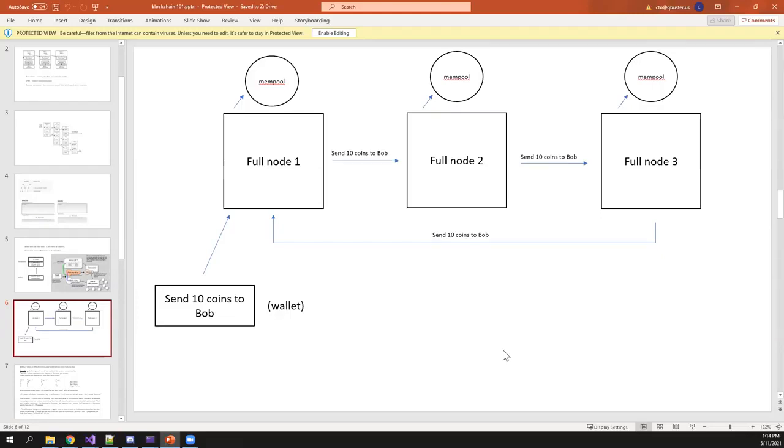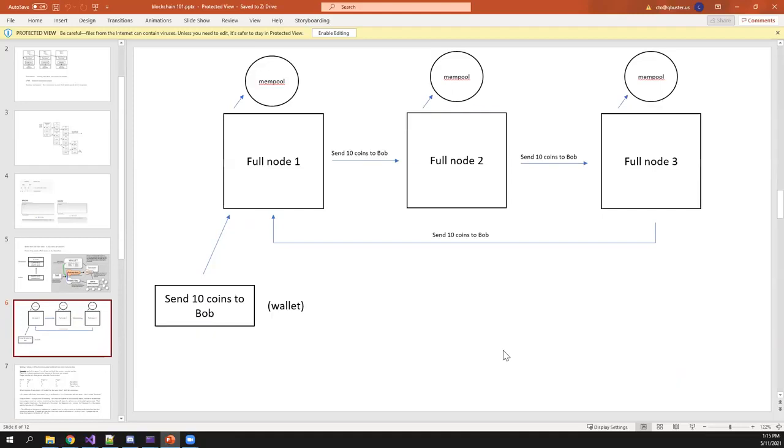Each server usually runs on just one computer, and when a blockchain says they have X number of nodes, it usually means how many full nodes they have. Each full node assembles the block, but it also keeps track of pending transactions. So from my wallet, I send a transaction that says I've got 10 coins and I want to send them to Bob.